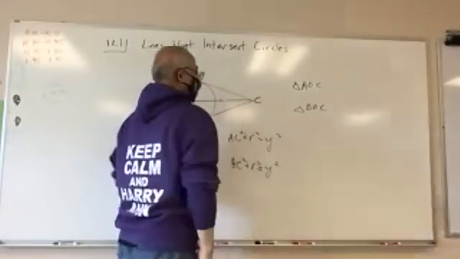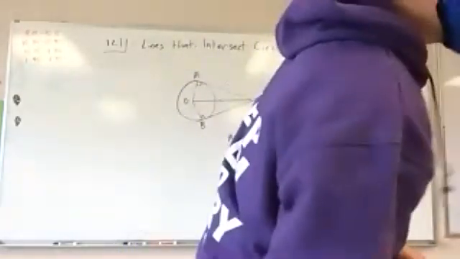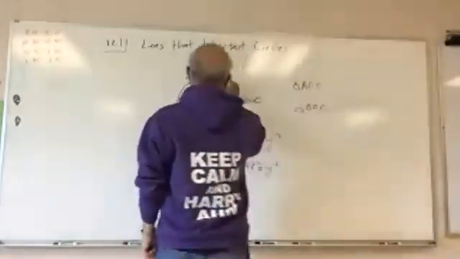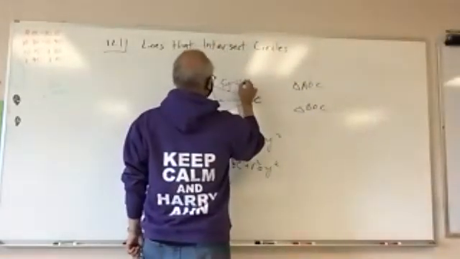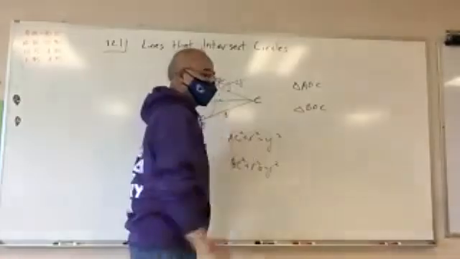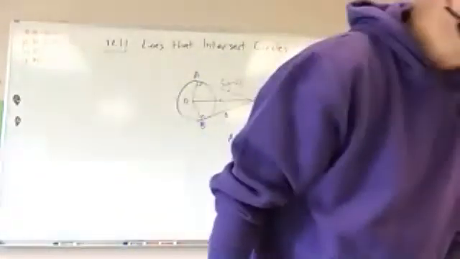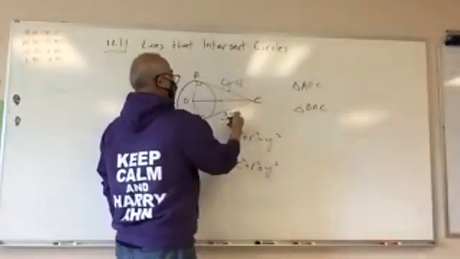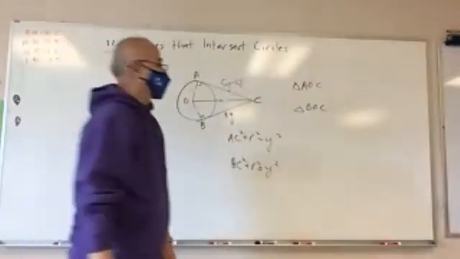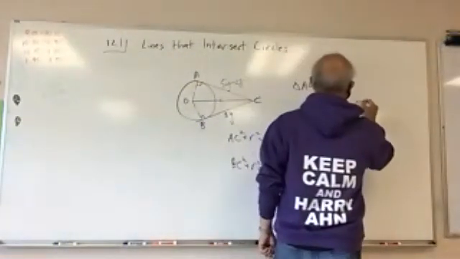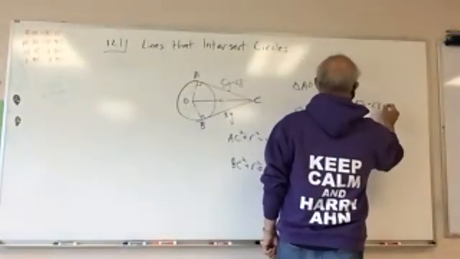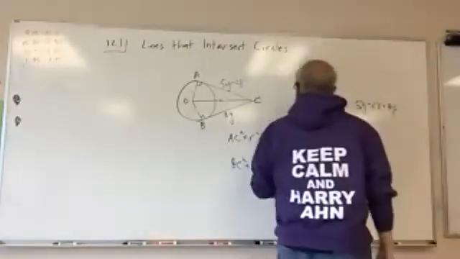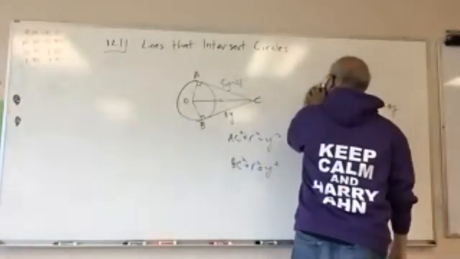We're going to call this 5y minus 28, and this one here is going to be 3y. So these two have to be the same. So I get 5y minus 28 is equal to 3y. Somebody solve this for me. How would I solve this?